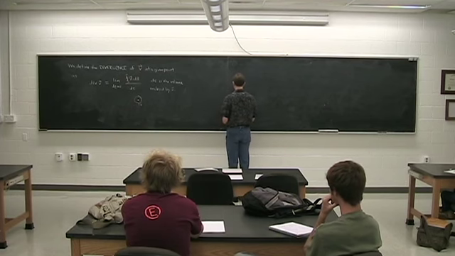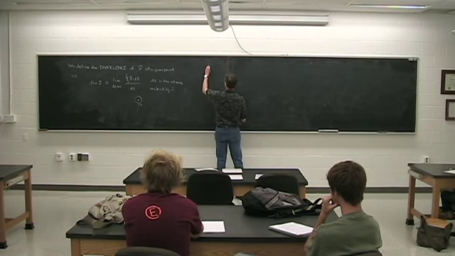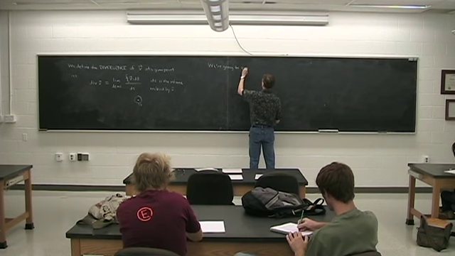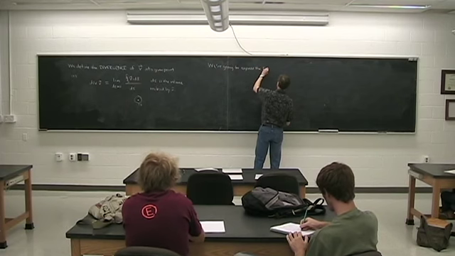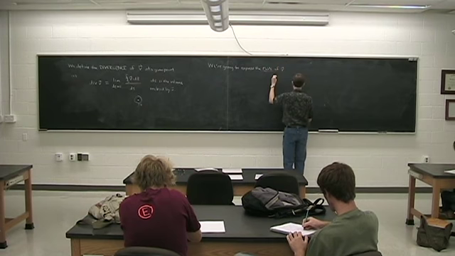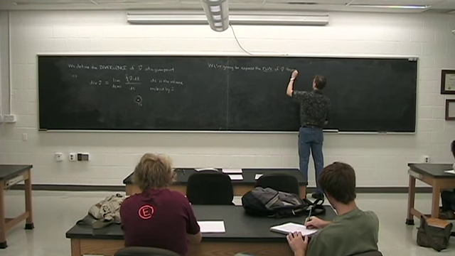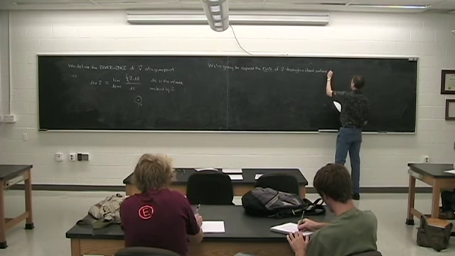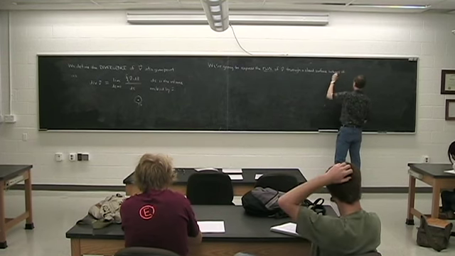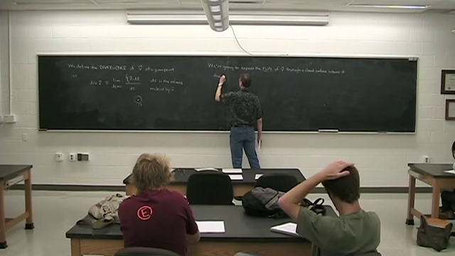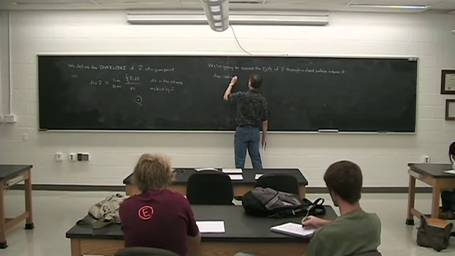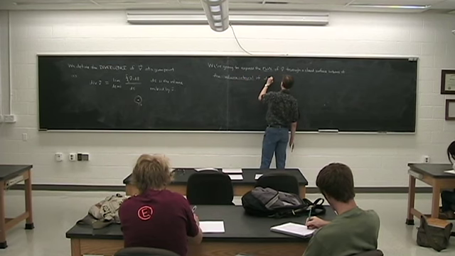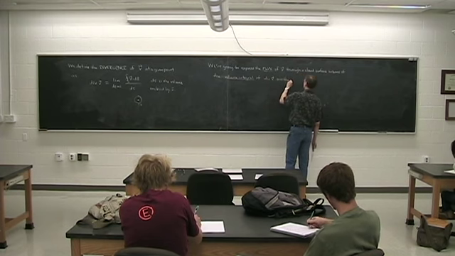So, what we are going to do here is express the flux of V through a closed surface in terms of the volume integral of div V over the volume enclosed by that surface.